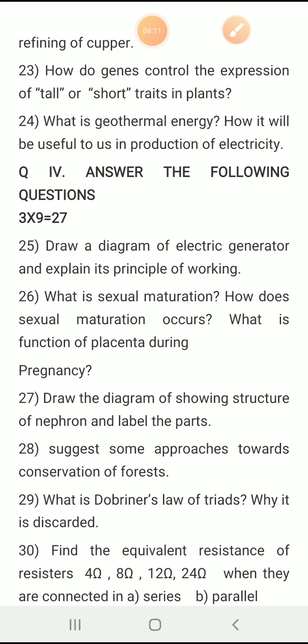So here we know that a generator converts mechanical energy into electrical energy. Generator or dynamo are the same. You know that there is a rectangular coil between the south and north poles of the magnet, and there's a shaft, and the diagram consists of carbon brushes, and a device called the galvanometer connected to it. The galvanometer shows the deflection, which means the production of electricity.